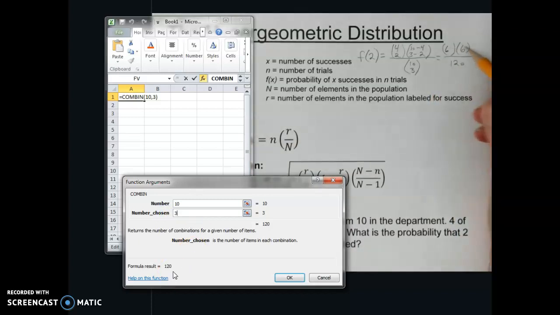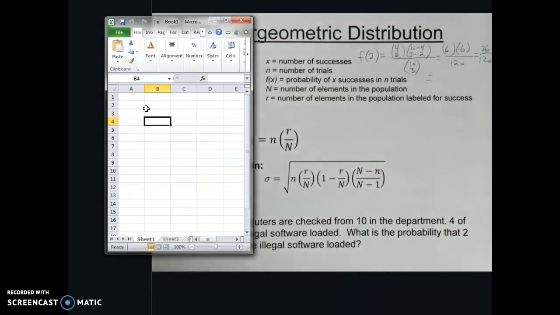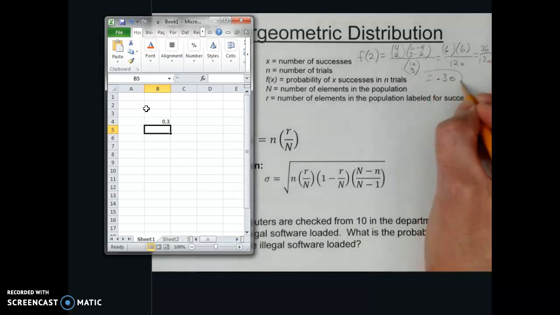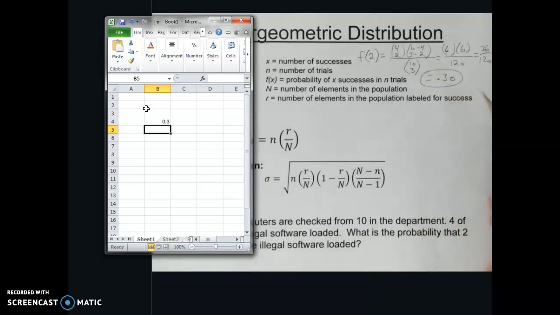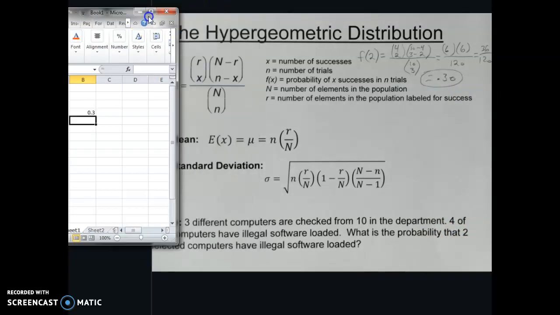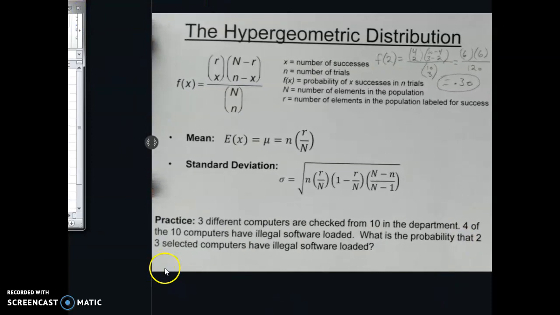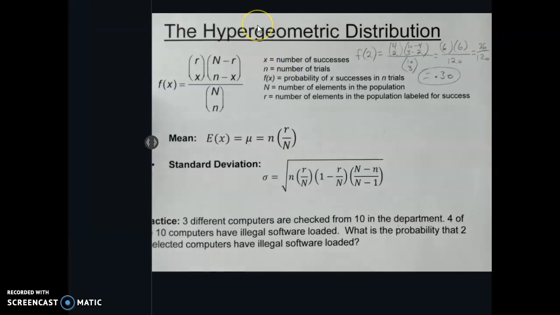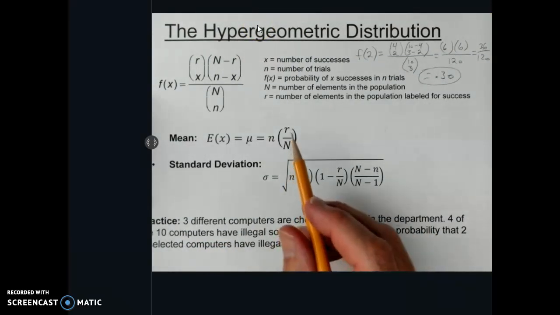So that's 36 over 120, which is going to equal, if you want to use Excel for your math, 36 divided by 120 and you get 0.3. Okay, so that becomes the probability of getting two of the three selected computers having illegal software.